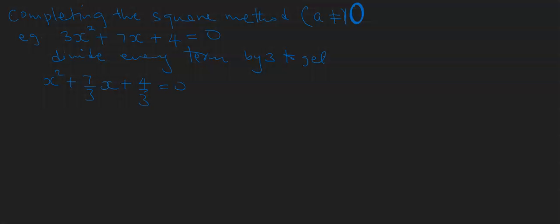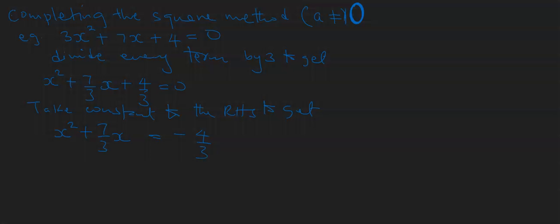And then take the constant 4 over 3 to the right hand side to get x squared plus 7 over 3x is equal to negative 4 over 3.